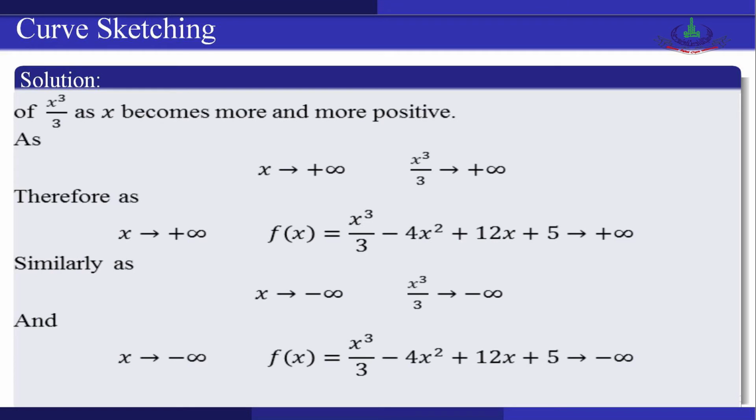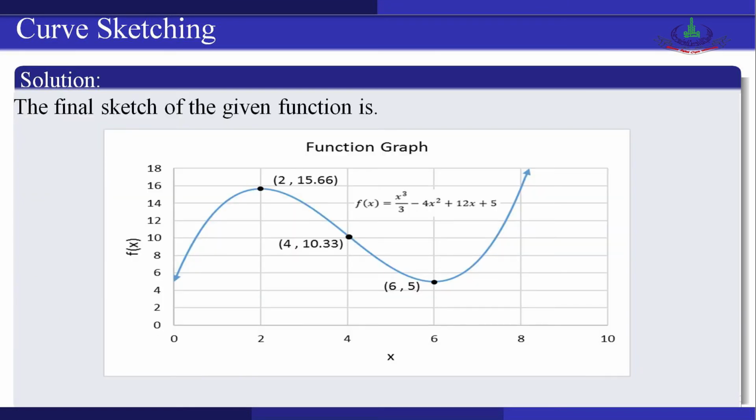Dear students, now we try to sketch the given function and draw its graph. The final sketch of the given function is given by, dear students, you can see on the x-axis we have x, and on the y-axis we have taken f of x. So you can see when x is equal to 2, y is 15.66. When x is equal to 4, y is 10.33.